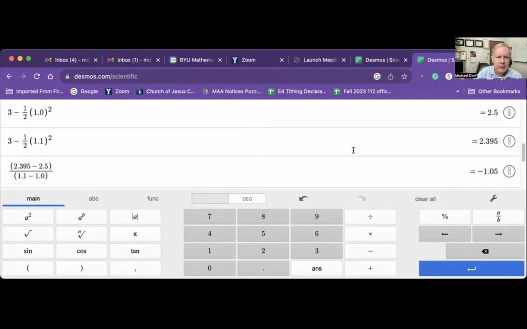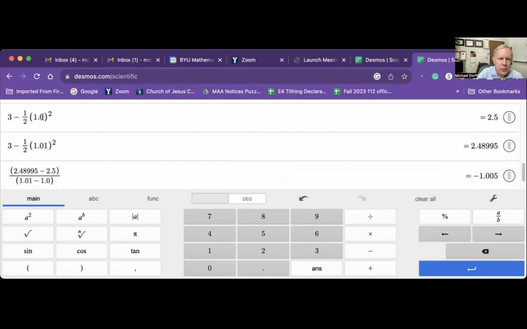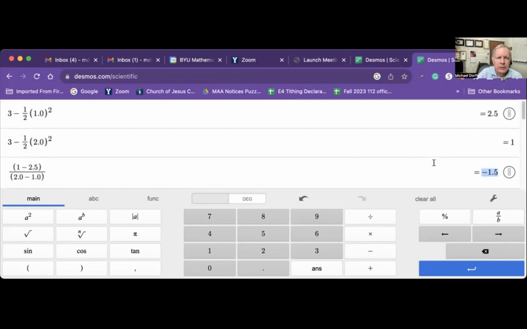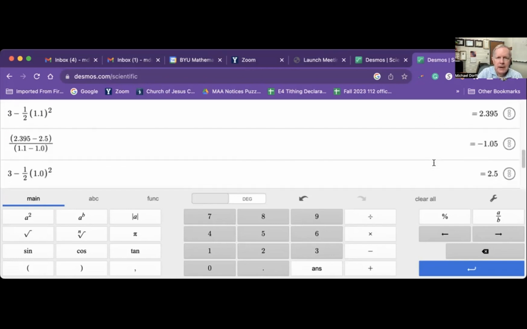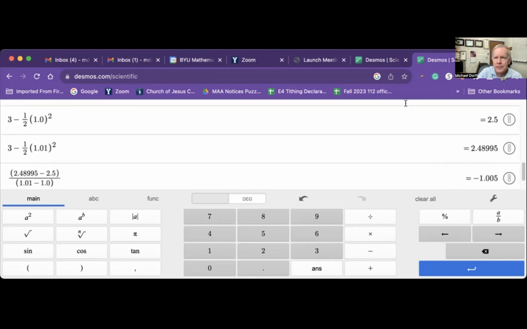Likewise, I can keep going, with 1 and 1.1, and I come up with an average velocity of negative 1.05. And the last one, with 1 and 1.01, gives an average velocity of negative 1.005. So this is a way you can do it when you need a calculator. Just use something like Desmos, or any other site, but I think Desmos works well.